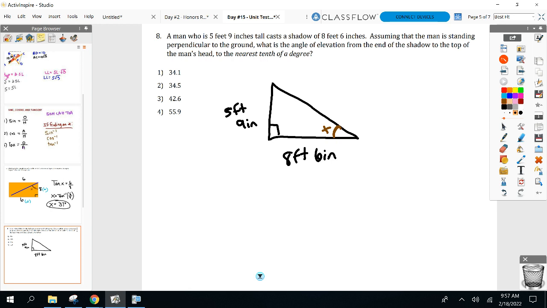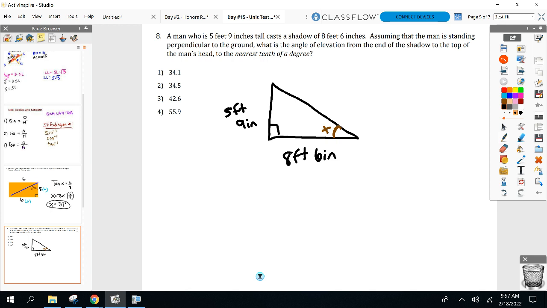This is not 8.6. So we need to convert it all to feet or all to inches right now, because I can't leave both hanging since I have no idea what I'm going to put in my equation. So do you want to go feet or inches? All inches?